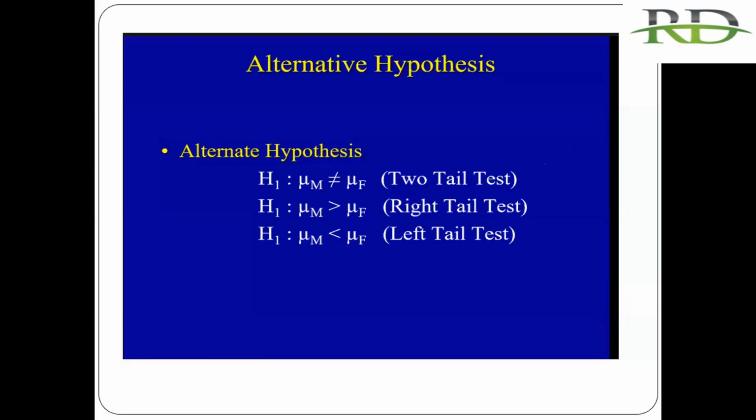Level of significance will be 5% and confidence will be 95%. Okay, so what's your level of significance? 10% are the chances that I may be wrong.